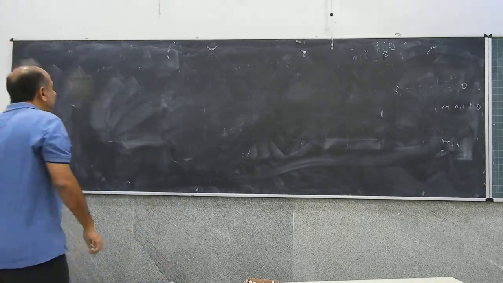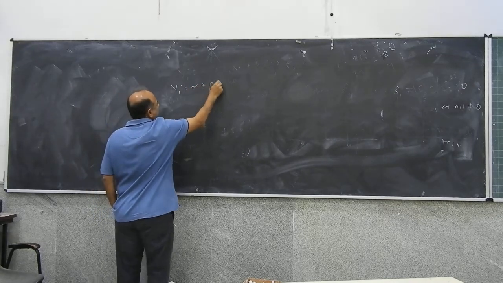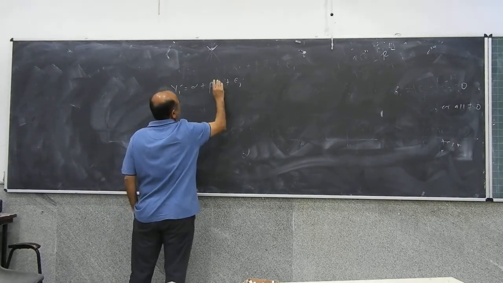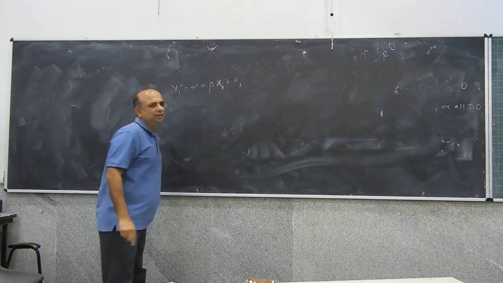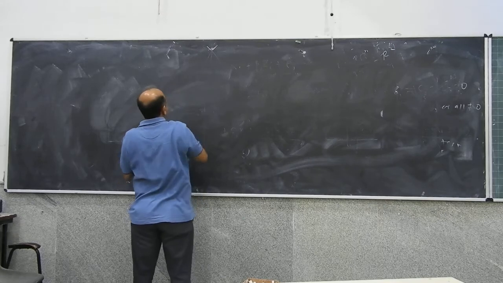So think of a regression where yi equals alpha plus beta xi plus ei.